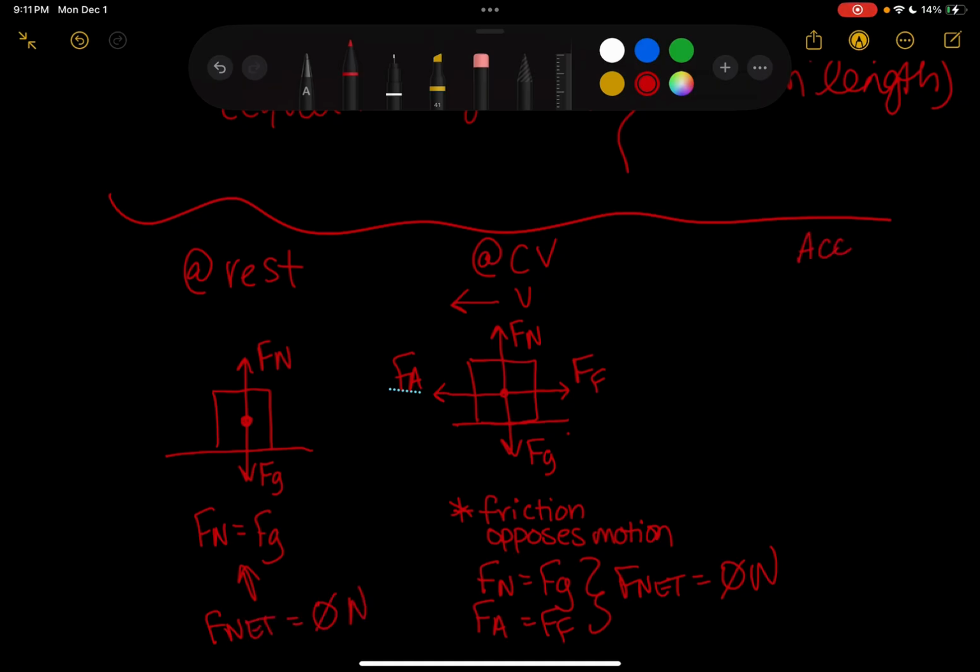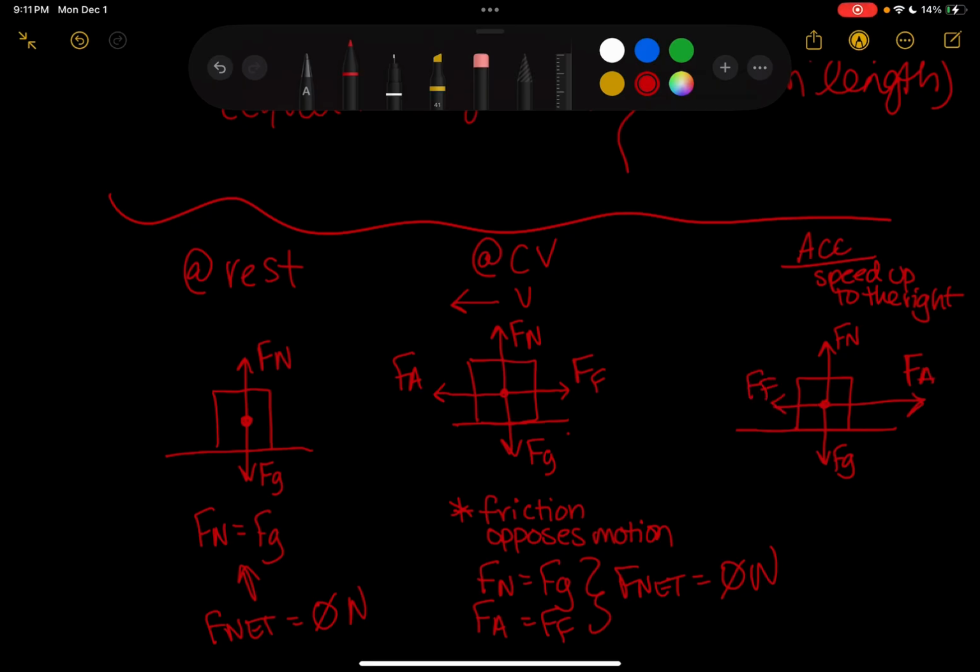Whereas if I was accelerating, again, I'm going to have my flat surface. Again, gravity pulls us down. The normal force pushes us back up. However, let's say I'm going to accelerate, I'm going to speed up. So I speed up to the right. So my applied force, Fa, will be much greater than my frictional force. Remember, whatever side has the bigger force, that's the side the acceleration follows.